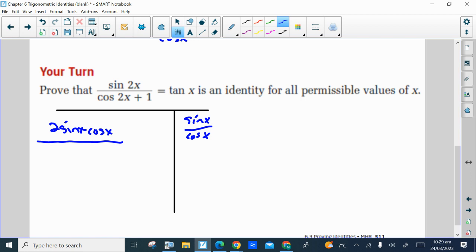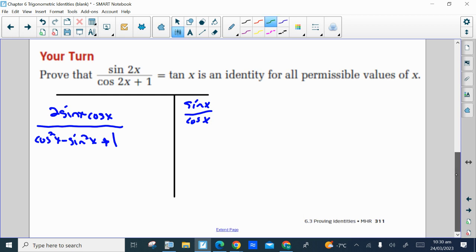So for no reason, I'm going to use cos squared x minus sine squared x. It's probably not the easiest way to do it, because probably the easiest one would be to use 2 cos squared x minus 1, because then the minus 1 plus 1 would cancel. Okay? But they will all work. It doesn't matter.